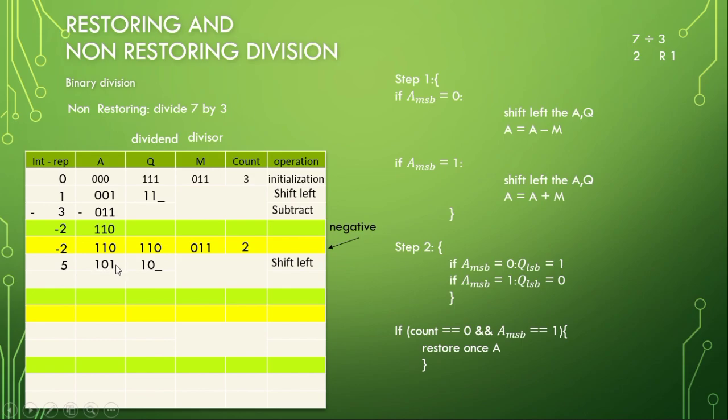Now you might be confused: we have 101 here, and when you look at 2's complement, this means that this is negative 1. No, it's not, because 2's complement only applies to negative numbers. Here we have negative 2, so we had to change it to 2's complement to get this scenario.